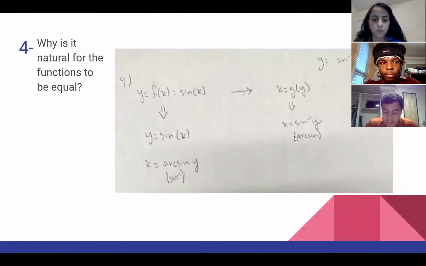Over here on x equals g of y, since g is sine inverse, we get x equals sine inverse of y. That would make them arcsine for both, or sine inverse. It's basically the same meaning. And that's how you do 3 and 4.